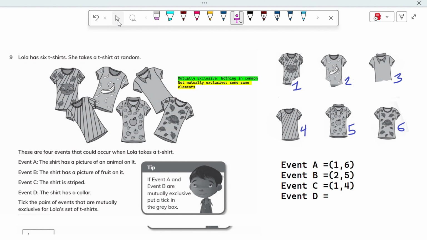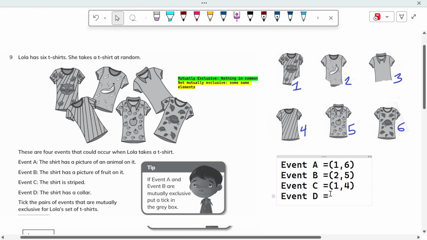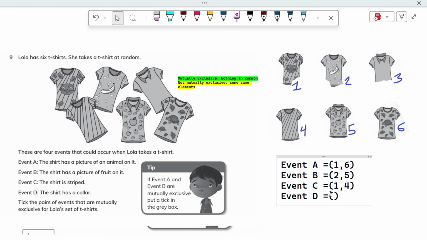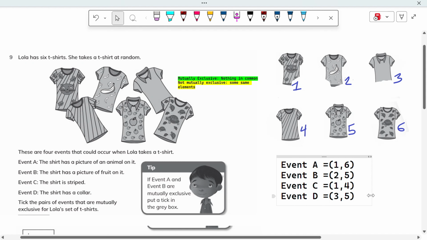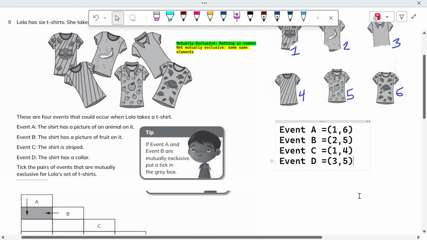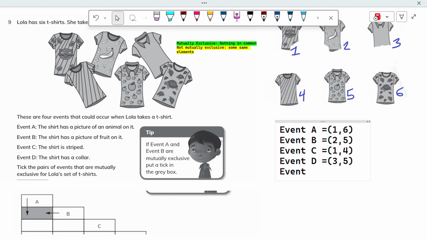So the members of event D are going to be 3 and 5. Now before we continue, let's even analyze this to get the members of event E before we even continue.